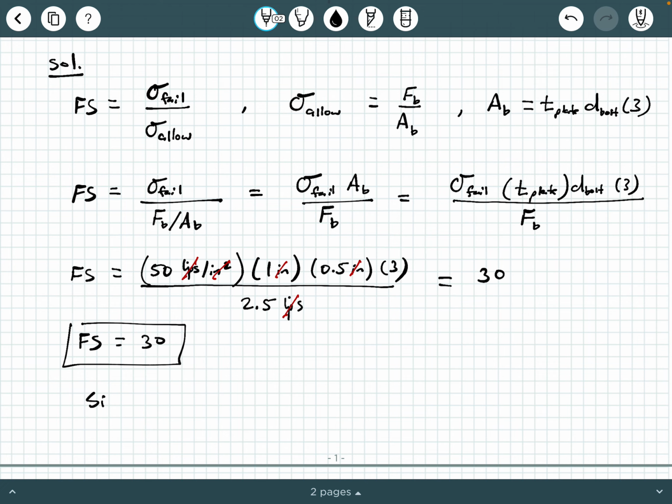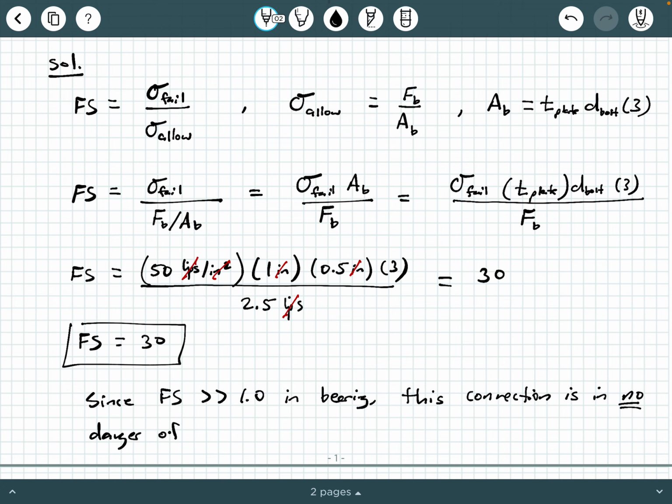So we're going to say since the factor of safety is much, much bigger than 1.0 in bearing, this connection is in no danger of failing in bearing.